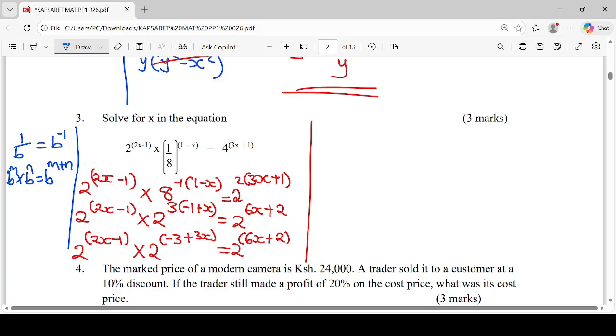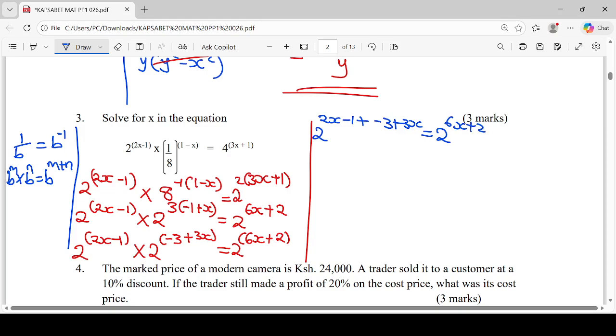So on the left, I'm going now to have 2 raised to power 2x minus 1 plus negative 3 plus, I'm saying negative 3 plus 3x. This should be equivalent to 2 raised to power 6x plus 2.